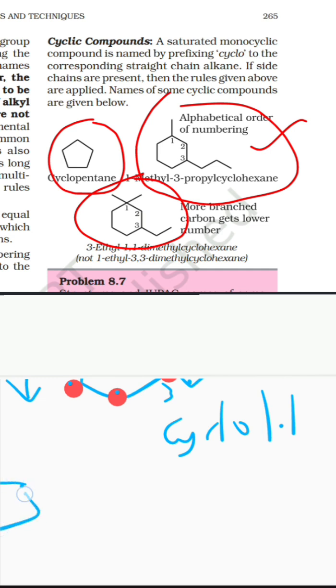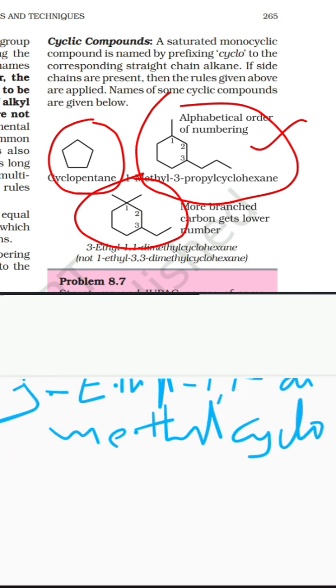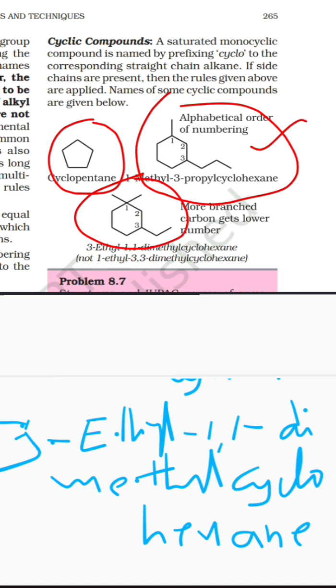So E should be written first, because in alphabetical order E is there. So ethyl, 3 ethyl, 1, 1 dimethyl cyclohexane, because it is cyclic structure of hexane. So cyclohexane. So this is the name for this compound. Okay, 3 ethyl 1 comma 1 dimethyl cyclohexane.